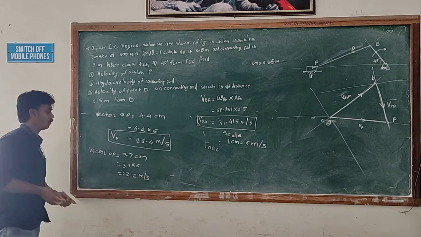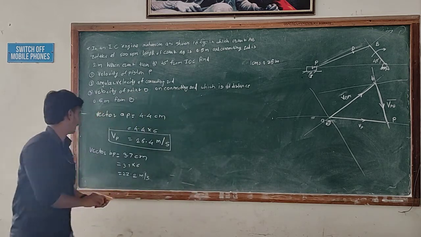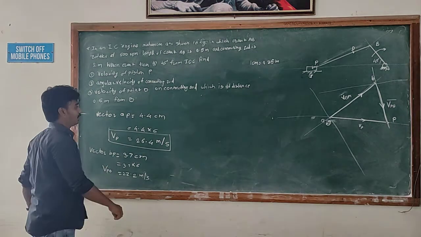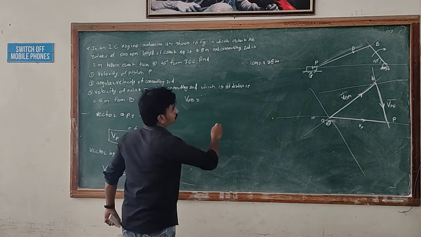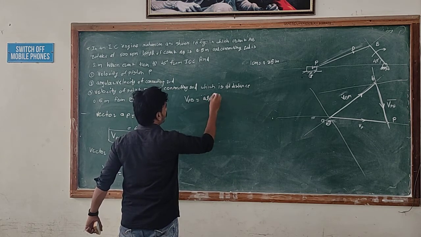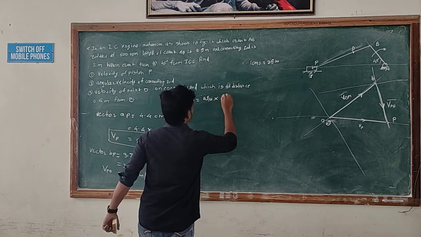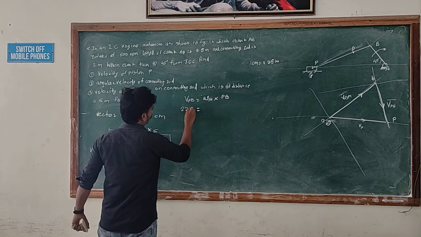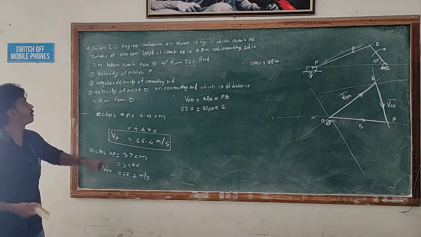4.2 meter per second. 22.2 meter per second is the velocity of the connecting rod, that is, point P with respect to B. The velocity of P with respect to B is equal to omega of link BP into the length BP, so 22.2 equals omega of PB into the length of the connecting rod, that is 2 meter.